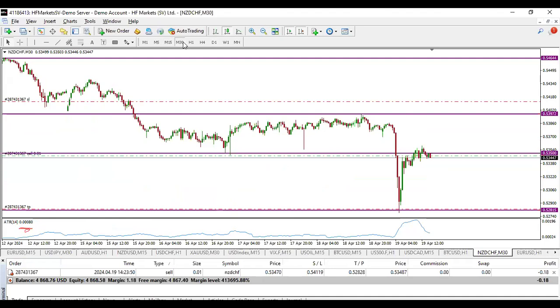If in the last 14 days this instrument has only moved around 50 pips daily, total pip movement, it means that today, barring any major news or highly volatile events, it could very likely remain within that. That's what it means. So as a trader, I must factor that in as well.